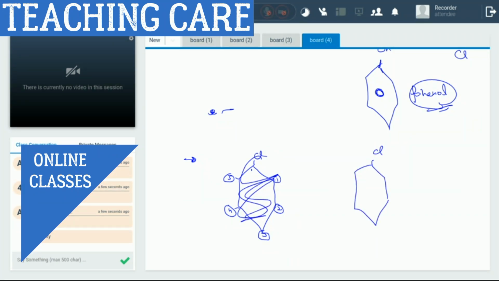This is the chlorine, right? So we start from here only, 1. One position is itself occupied by that group. So this is 2, this is 3, this is 4, this is 5, and this is 6. It means we can also name not by ortho, meta but also by 1, 2, 3, 4 like that.